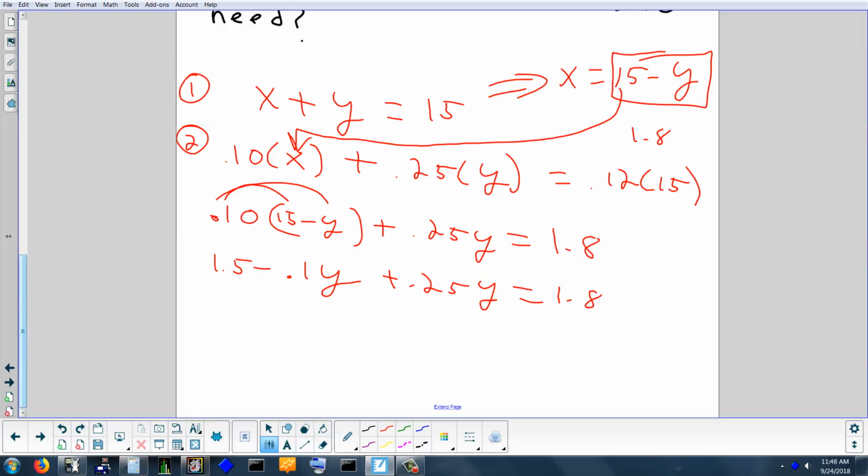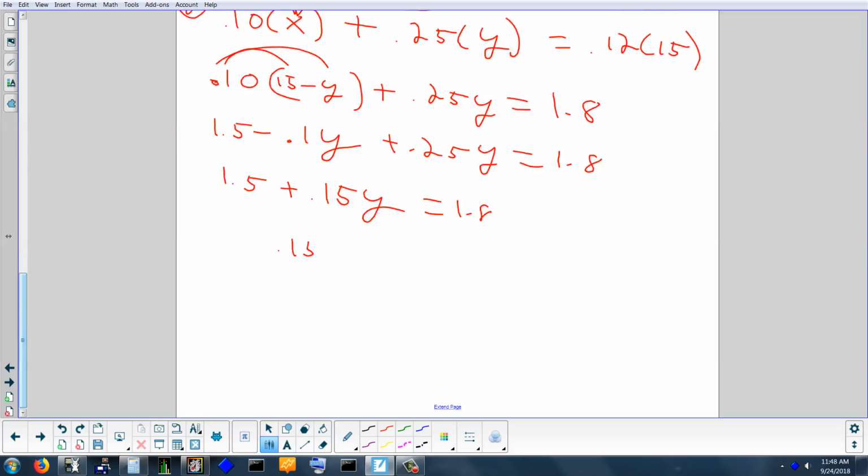What's that going to give me? 0.15. Yep. So 1.5 plus, make sure we did that right, 0.15y equals 1.8.